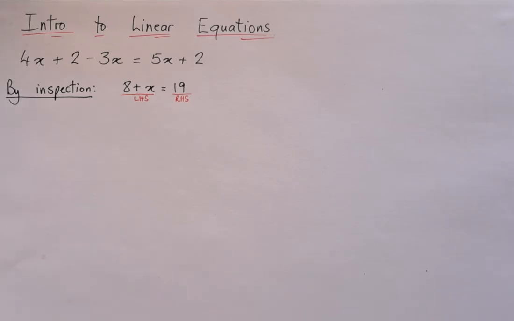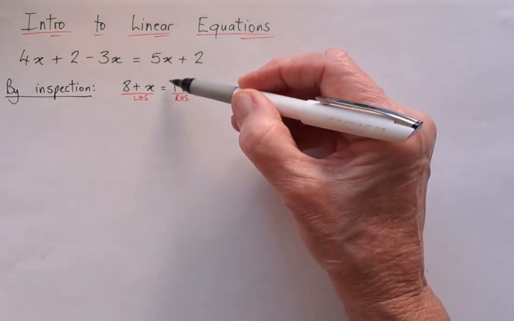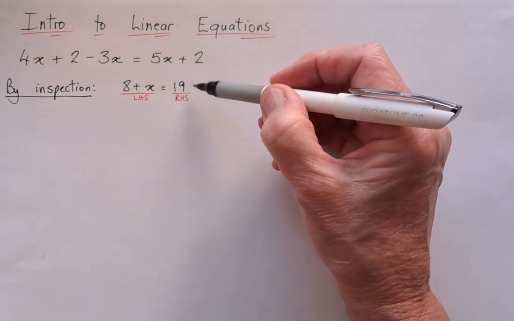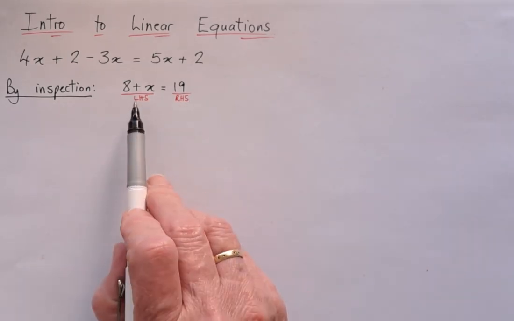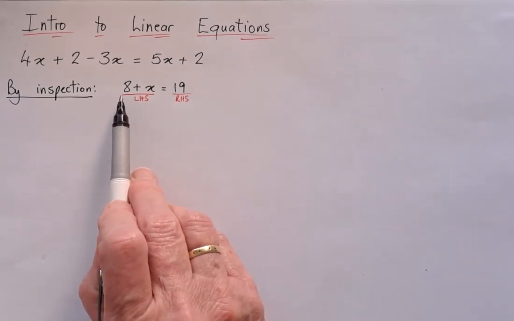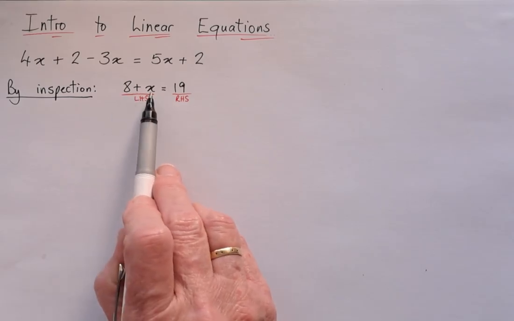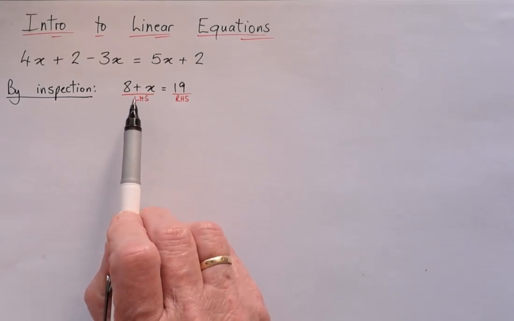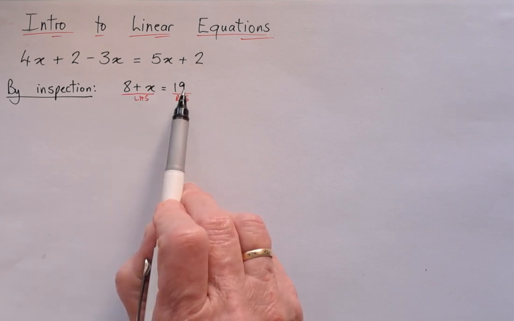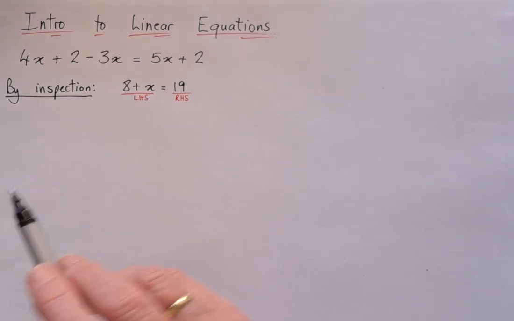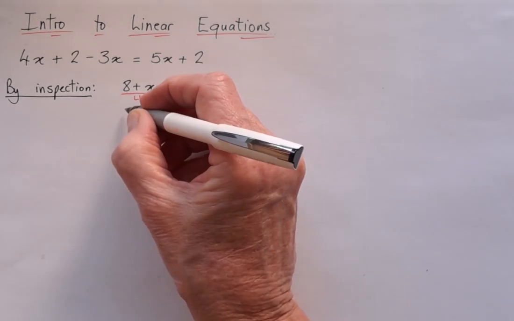So if we look at this particular equation, the right-hand side is simply a number, a constant. So it has a specific value of 19, whereas the left-hand side has got a binomial. It's got 2 terms, and so we need to work out basically 8 plus what will give me 19. So anybody can really work that out in their head.